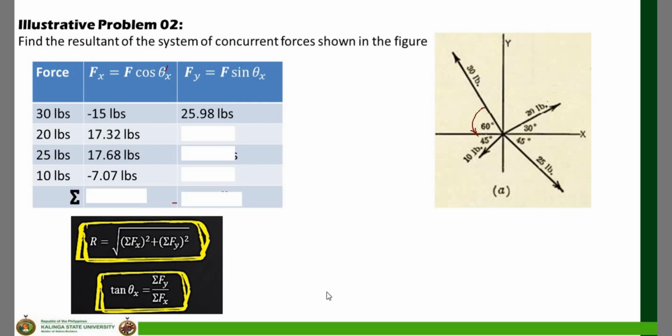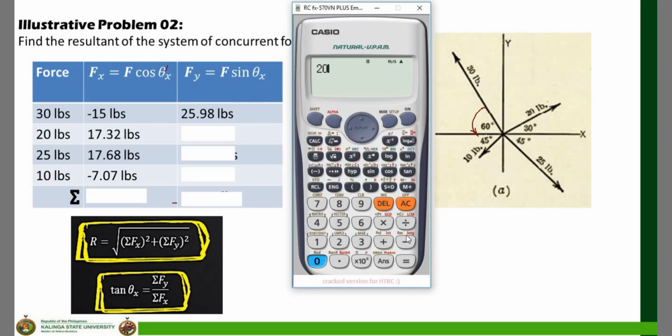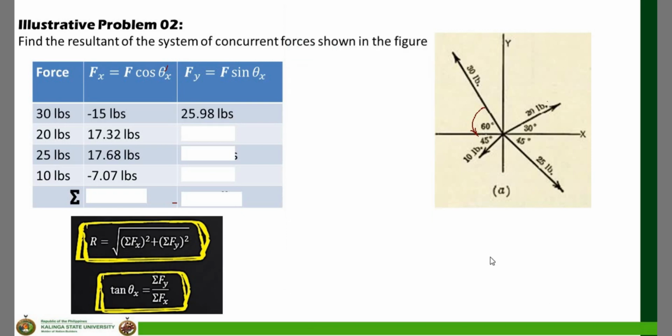For the 20 pounds, 20 multiplied by sine of 30 degrees is equal to 10, still pointing upwards, so positive. And for the 25 pounds and 10 pounds, these are my answers. The 25 pounds is negative because it points downward. Same with the 10 pounds, negative because it also points downward.